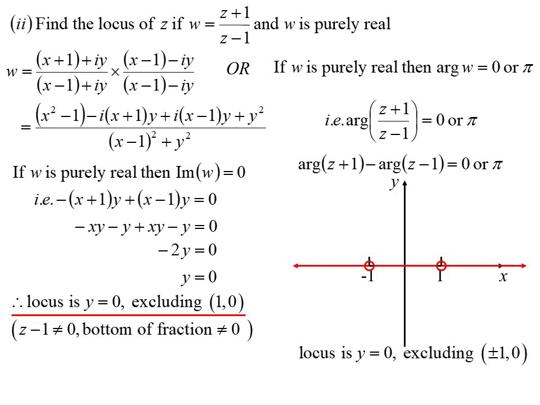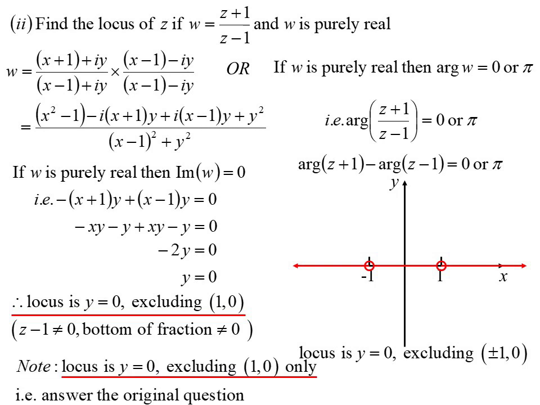It does work. So if we use these methods, either way, you still got to have a look and just test what may or may not be exclusion points. I mean, the second one brought out the possibilities quite nicely. The first one, we had to sort of go searching for it ourselves. Answer whatever the original question was. That is what you make sure of. You might transform the question into something else to help you solve the problem, but always go back to what was the original question. Make sure you're answering that.